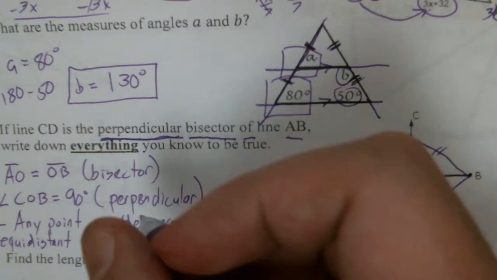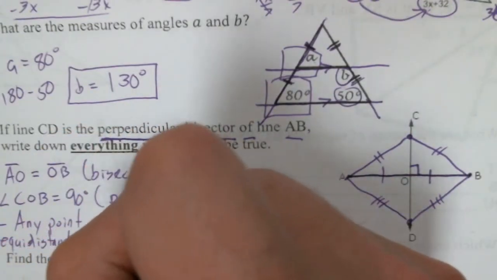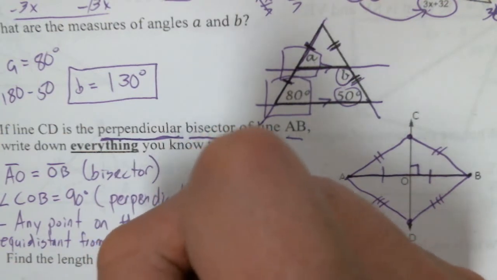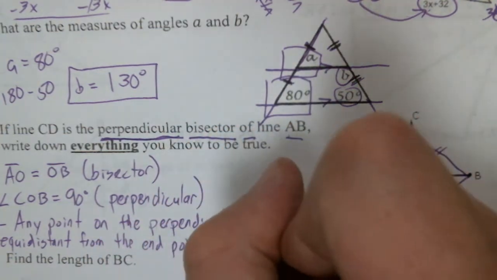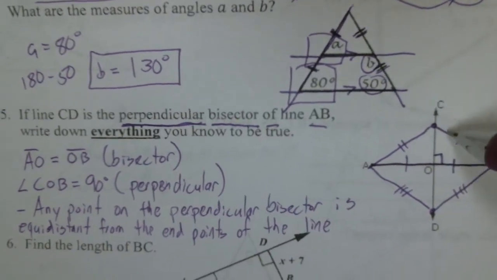That means equidistant from the endpoints of the line. Okay, any spot on this perpendicular bisector will make an isosceles triangle with the endpoints of the line.